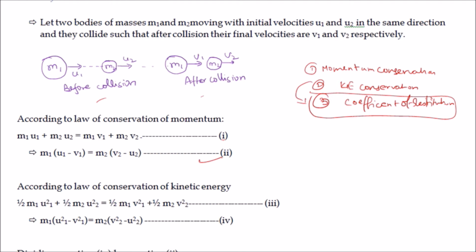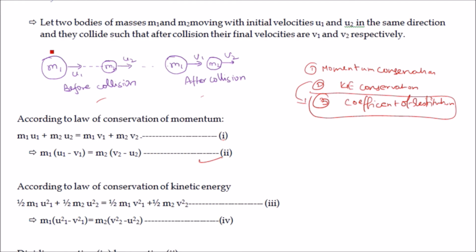Now we will apply the law of conservation of kinetic energy, and as per this conservation, the initial kinetic energy is equal to the final kinetic energy. So the initial kinetic energy is half m1 u1 square plus half m2 u2 square, and the final kinetic energy is half m1 v1 square plus half m2 v2 square.